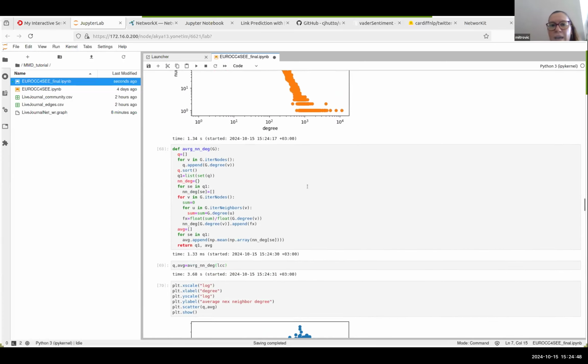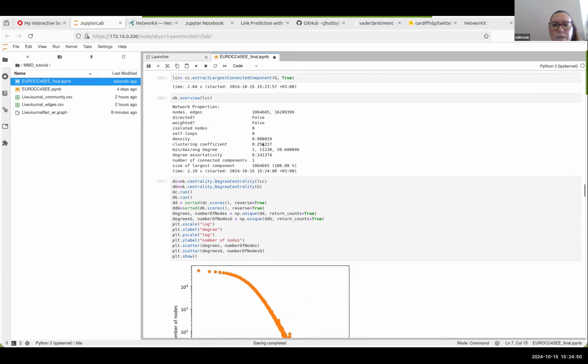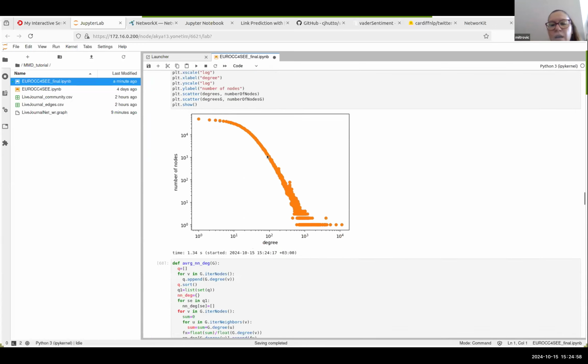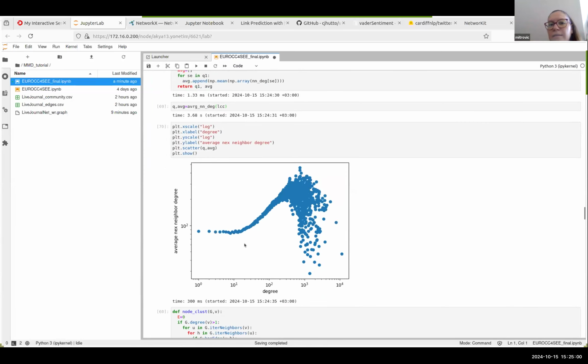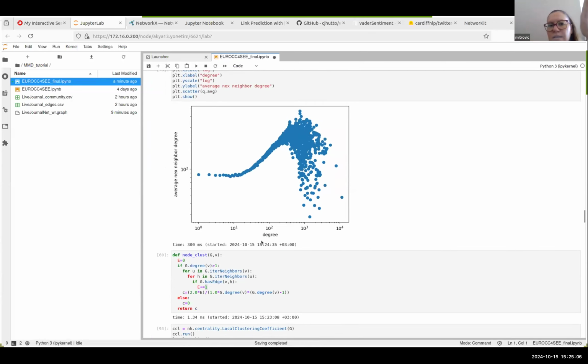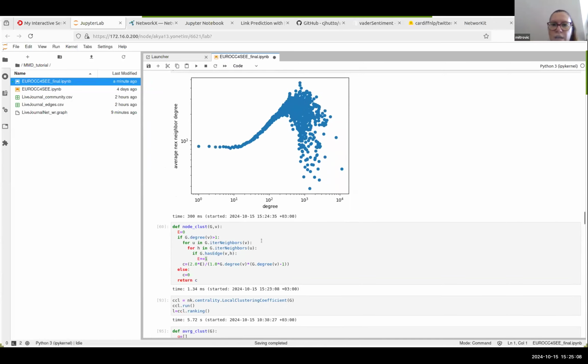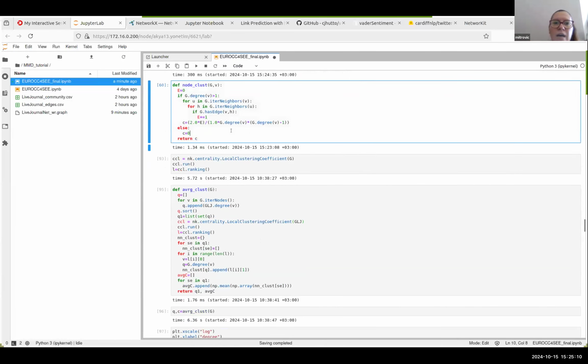And that's why we have this assortative coefficient here. Here, degree assortativity is 0.14. And as expected in social networks, the average nearest neighbor degree grows with the degree.